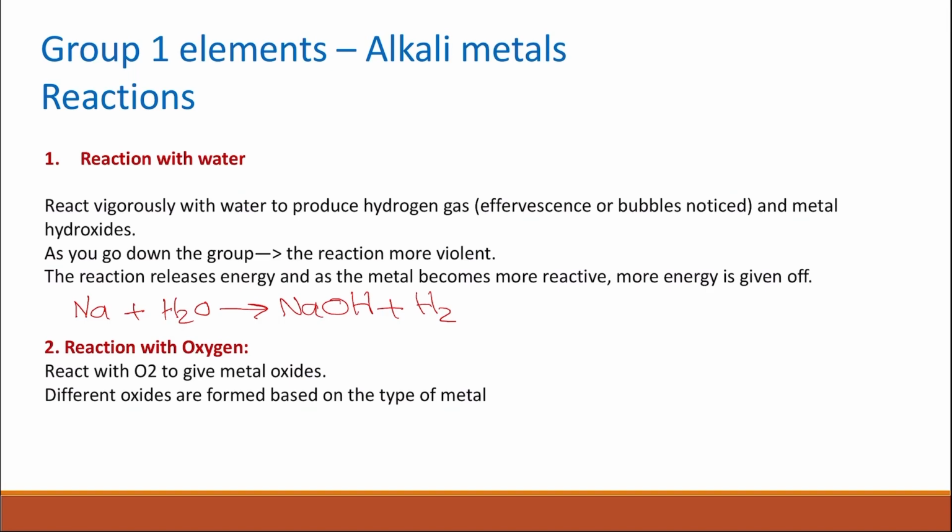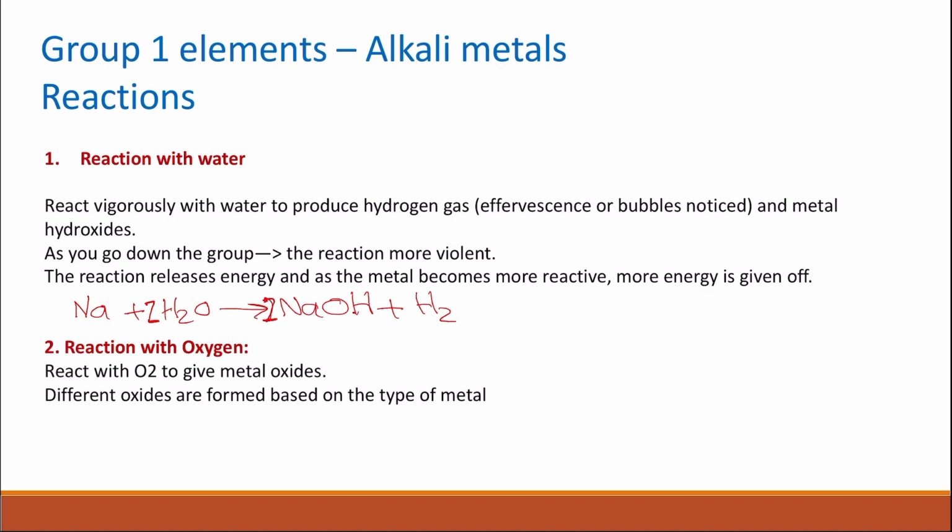Let's look at the sodium first. Sodium has the same number on both sides, one sodium on both sides. Then we look at the hydrogen. There are two hydrogens here, and there are three atoms of hydrogen on the right-hand side of the equation. To balance this, we can add 2 next to the H2O and 2 next to the sodium hydroxide.